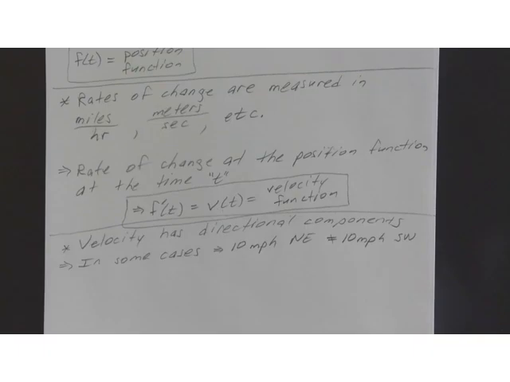Now, when you couldn't care less about the direction and all you're worried about is the speed, then you're just looking for the absolute value of the velocity function.